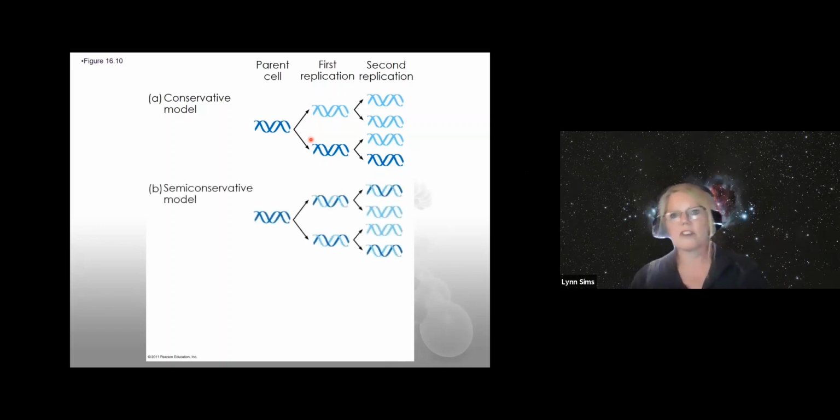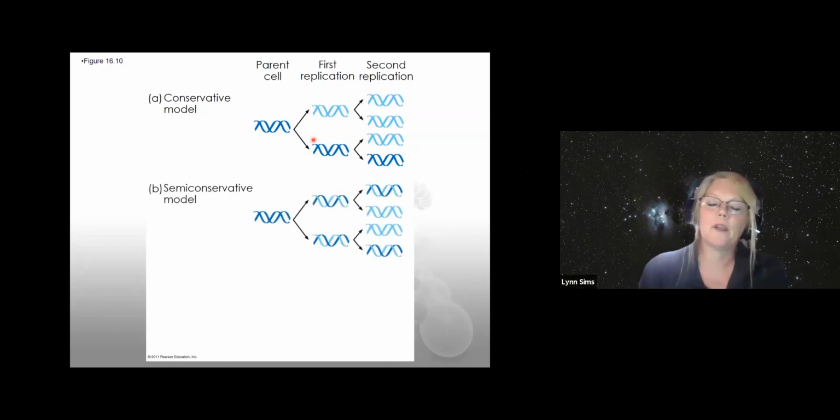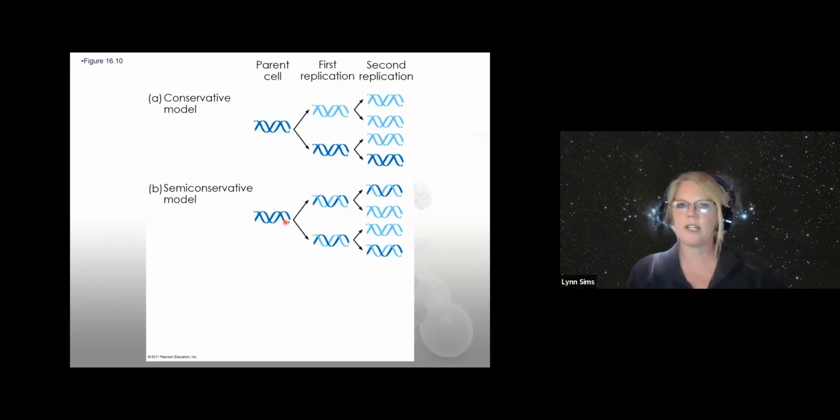The next model was the semi-conservative model. The semi-conservative model shows that after replication of the parent molecule, each strand is separated and then each strand is copied and creates a new strand, like a hybrid of the first one. So it would contain 1 parent strand and 1 daughter strand, and then each of those would be replicated.